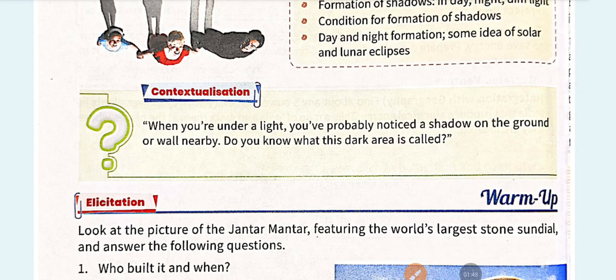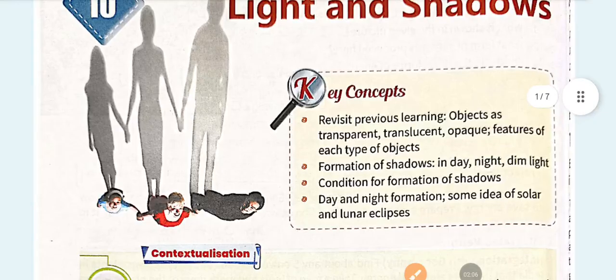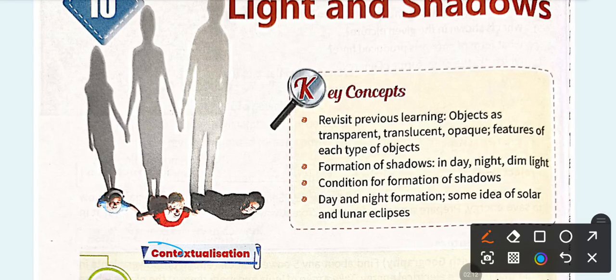So here is a very deep contextualization question. When you are under light, you have probably noticed a shadow on the ground or a wall nearby. Do you know what that dark area is called? Well, that's what you can see in this picture. The light is shown from behind over here. There is a light source in this area.